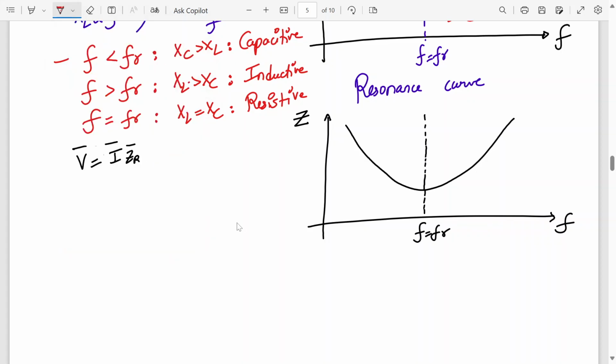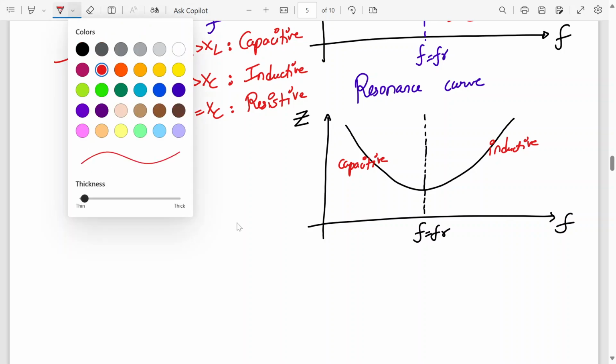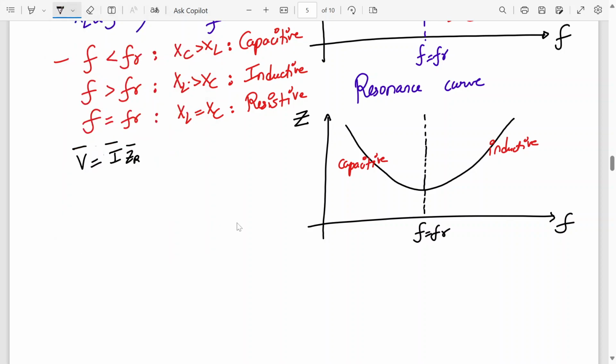For F less than FR, the impedance of the circuit is capacitive, and for higher frequency it is inductive. What about the power factor when the circuit is capacitive?